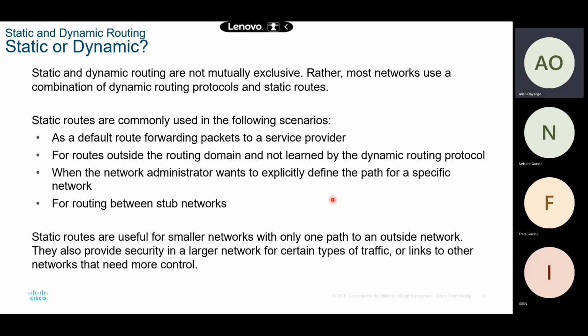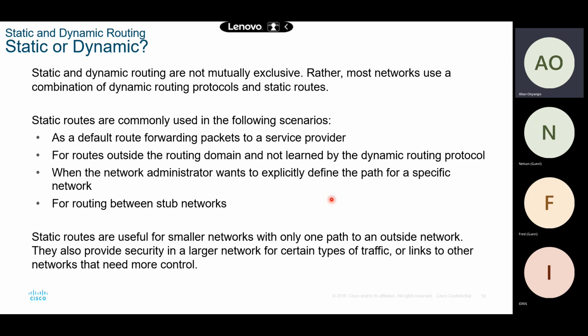That is very specific. Sometimes you want to configure a path that you don't want to change, so you configure it using a static route, because a static route is like a manual route.